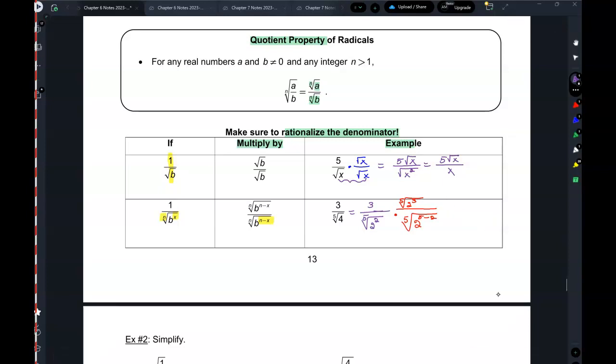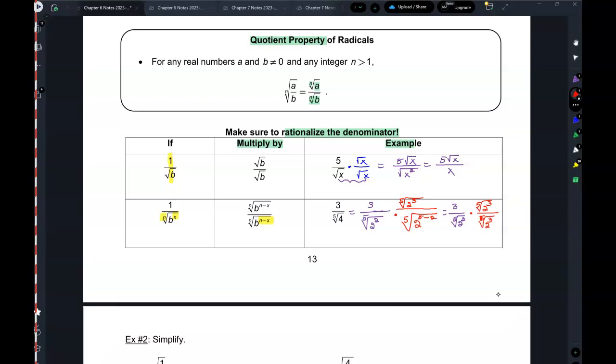So what I have now is 3 over the 5th root of 2 squared, times the 5th root of 2 cubed. Everybody okay with this?